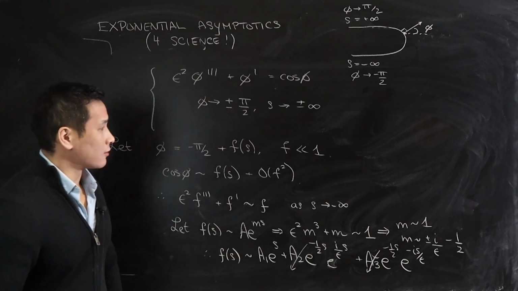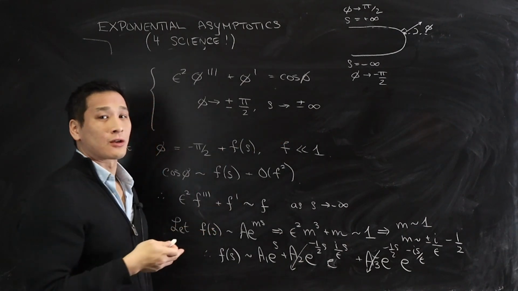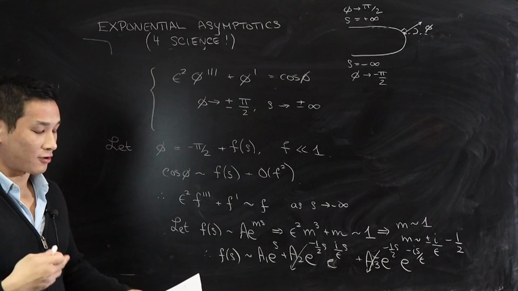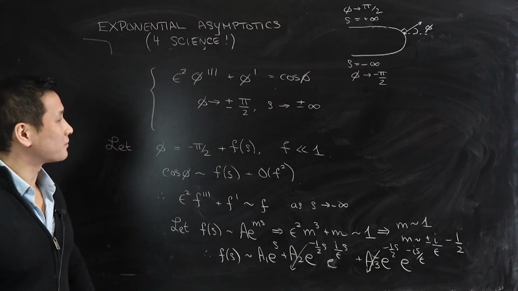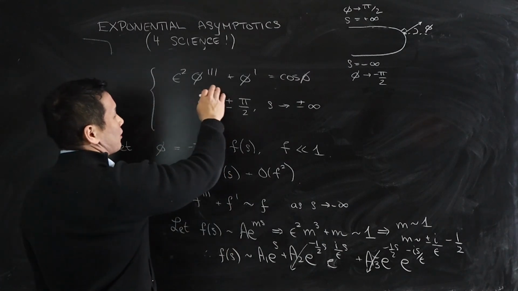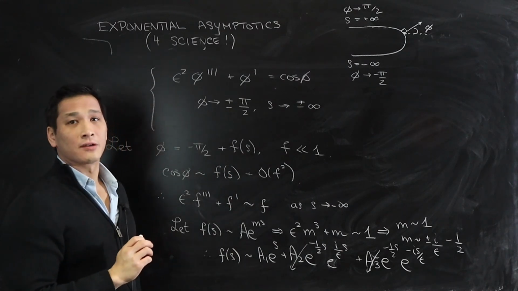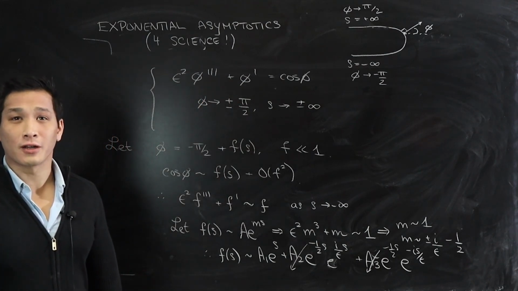So then you can do the analogous study at positive infinity, and you'll come to the conclusion that in fact there are also 2 boundary conditions to the problem at positive infinity. In fact, this problem is translation invariant, so you can actually set the origin of that problem arbitrarily.